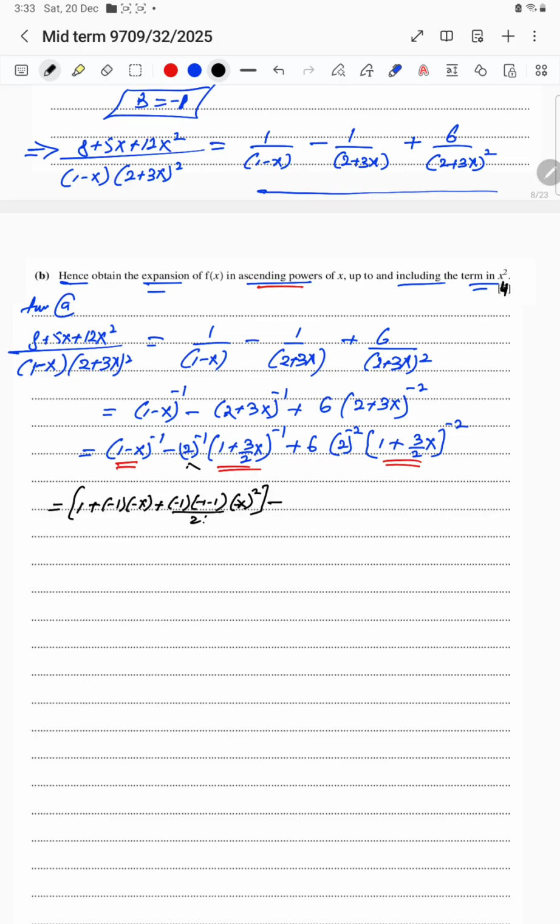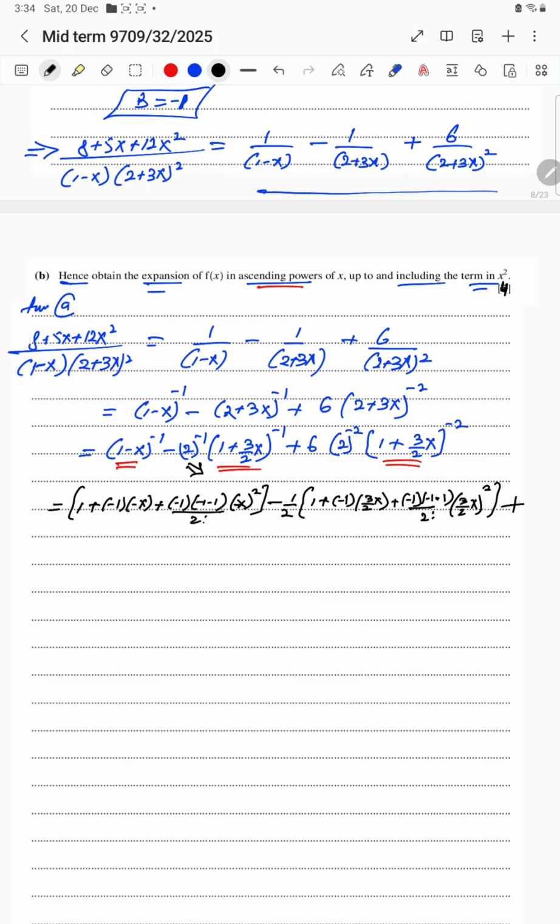Minus this 1 by 2 to the power minus 1 is 1 by 2, and applying the rule 1 plus nx plus n(n minus 1) over 2 factorial, and x is 3 by 2, whole squared.